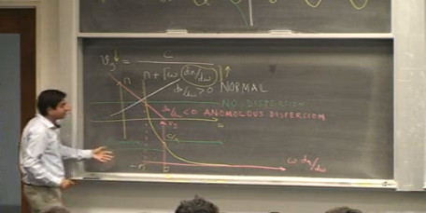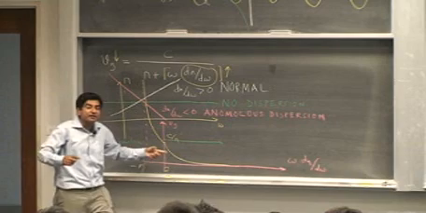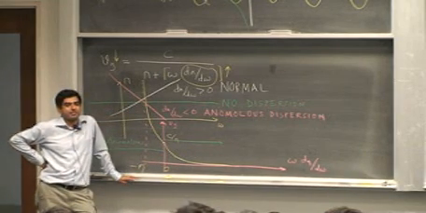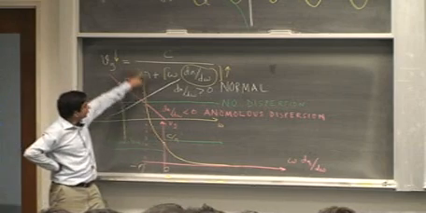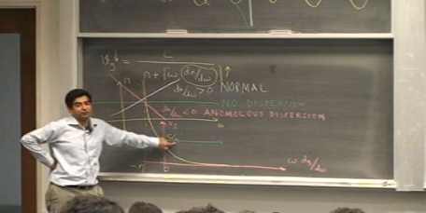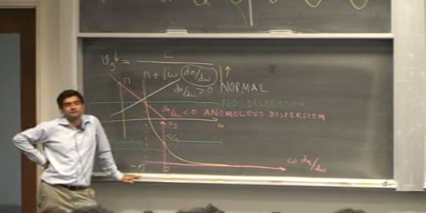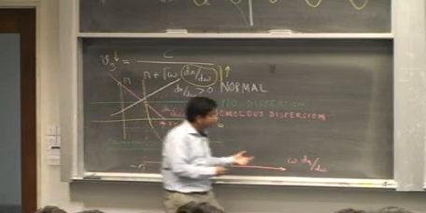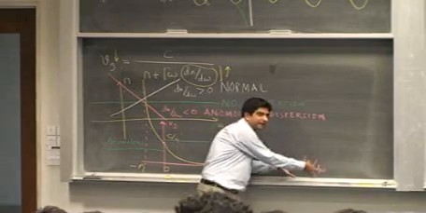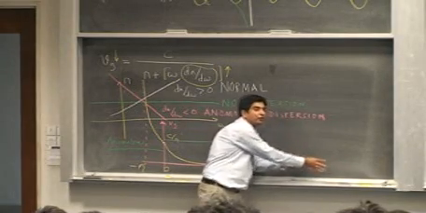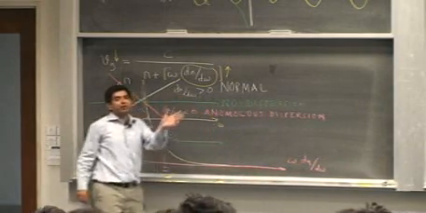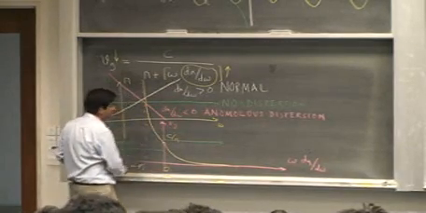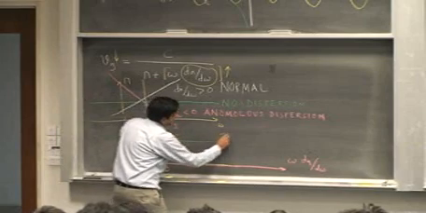In the anomalous region, the pulse actually becomes faster in the medium, because the group velocity has now gone beyond c over n. So what this means is, by properly choosing the value of dn over d omega, by choosing between normal and anomalous dispersion, you can have two regimes. One is the regime of slow light.